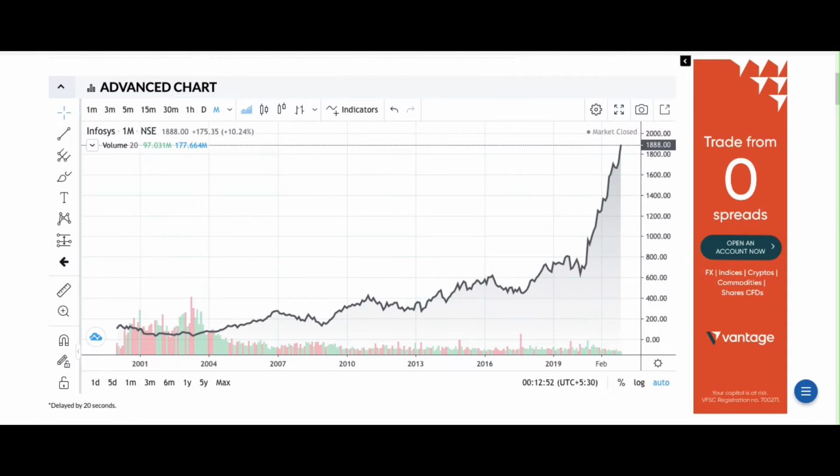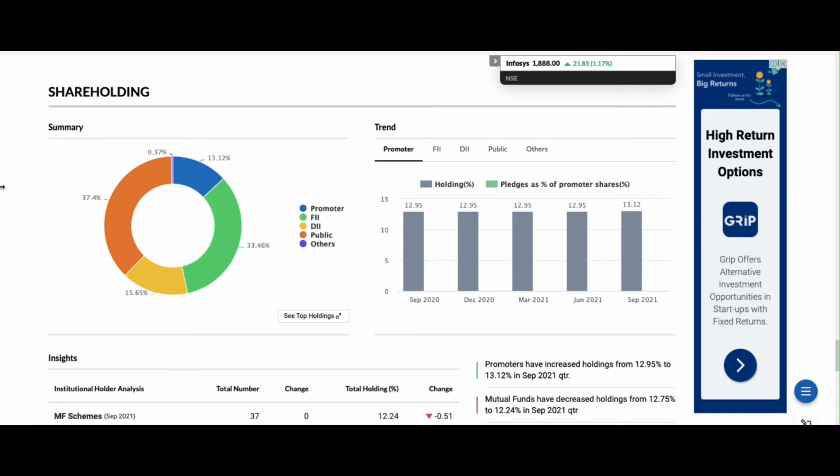Anyways, going ahead, the shareholding pattern of this stock is pretty much stable. The promoter has 13% stake in the company. FIIs are heavily invested in this company with 33.46%. DIIs also are showing a pretty decent amount of interest with 15.65% stake in it.